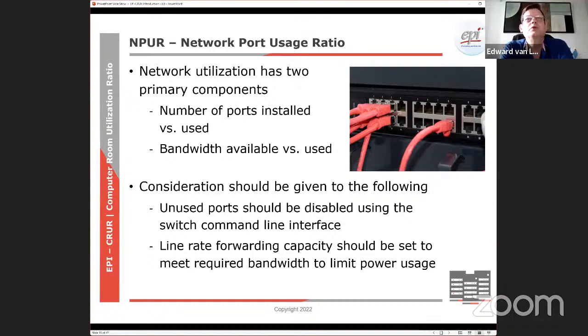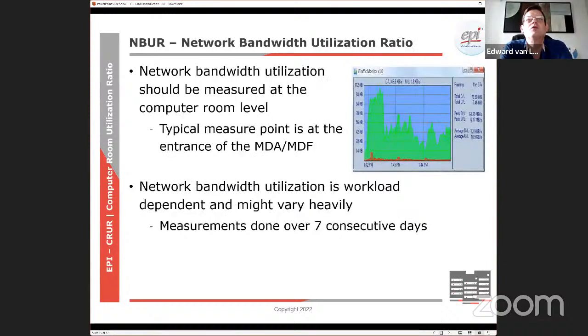Some of you will not unplug the port, so to speak, in the command line interface. You can often switch them off, or what you can do at the least is put a lower line forwarding rate in place, because a port that runs at a lower capacity will automatically use less power as well. And believe me, in large data centers, that can often lead to a large power reduction if you can implement this.